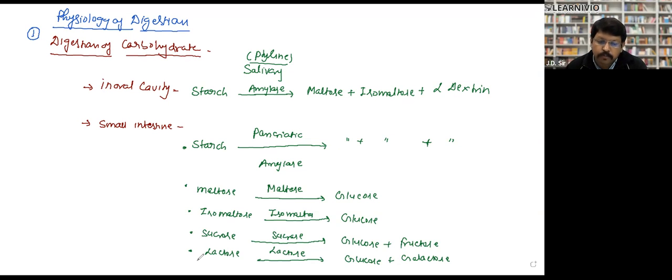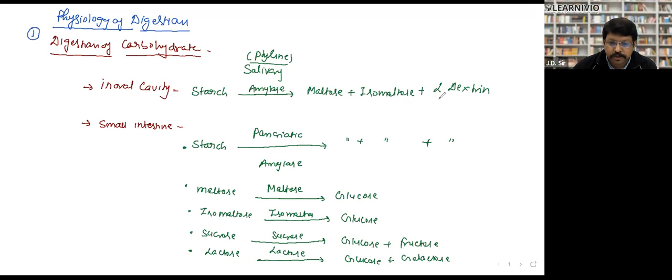There is one more enzyme which is found in the small intestine which works for digestion. That is the next enzyme, alpha dextrin. Look, still alpha dextrin needs to be broken down, at both places.